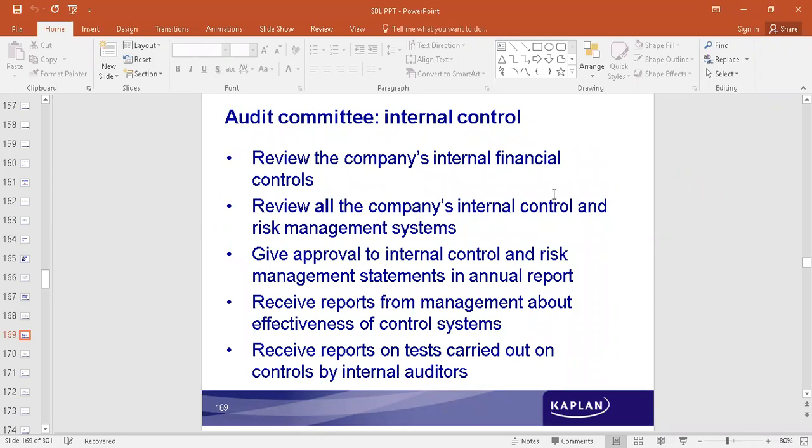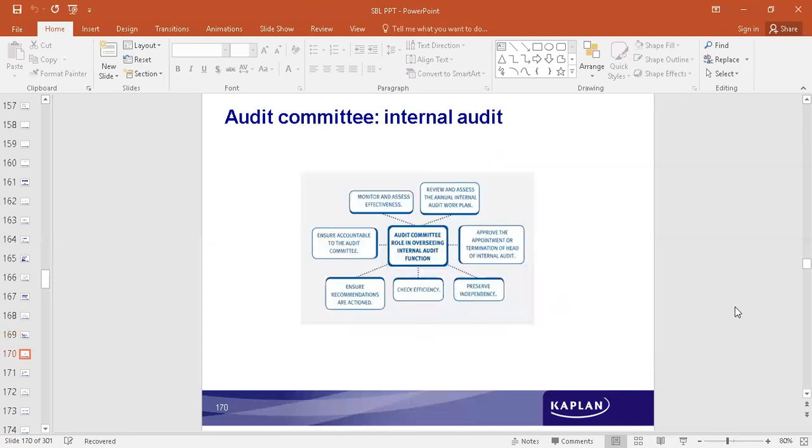Review the company's internal financial control, basically whether the internal control system is effective enough to manage risk. Give approval to internal control and risk management statements in the annual report. Receive reports from management about the effectiveness of the control. Receive reports on tests carried out on controls by internal auditors.